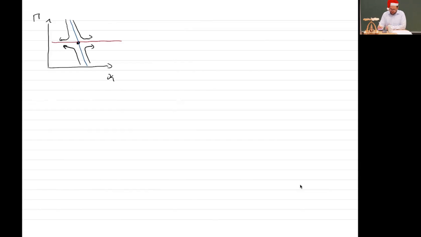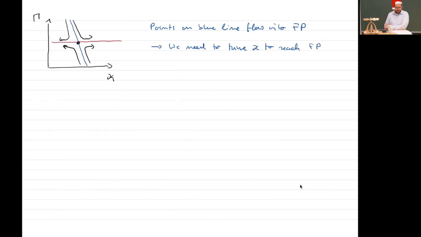That means also points on the blue line flow into the fixed point. That means we need to tune kappa to reach the fixed point. Yeah? So now we get the final exponents.